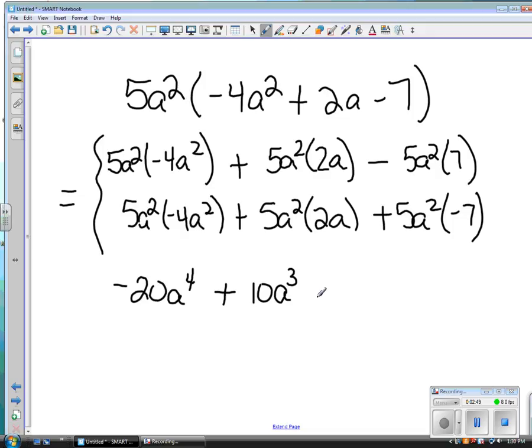And what's the last one going to be? Okay, and it was negative 35a, which is represented by that subtract, correct? Did everybody get that? Now, is there anything else I can do to that one? Can I add anything together because they're alike? No. So that one's going to be my answer. So I'm finished at that point.